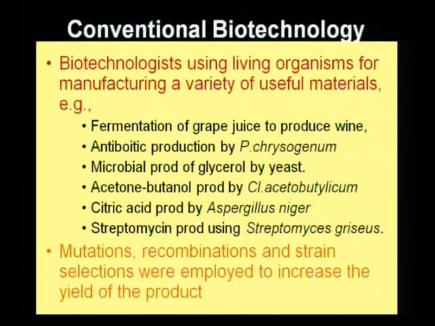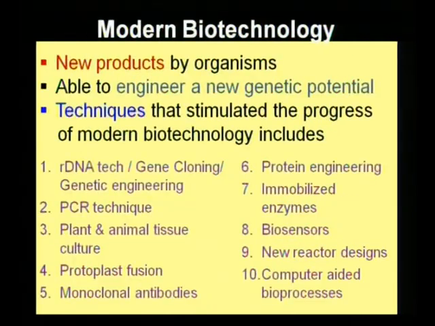Now let us see something more about modern biotechnology. As the name suggests, it is modern biotechnology, so naturally the techniques being used here are very hi-fi techniques, and an absolutely new product is obtained by the organisms. Here we are able to engineer a new genetic potential.